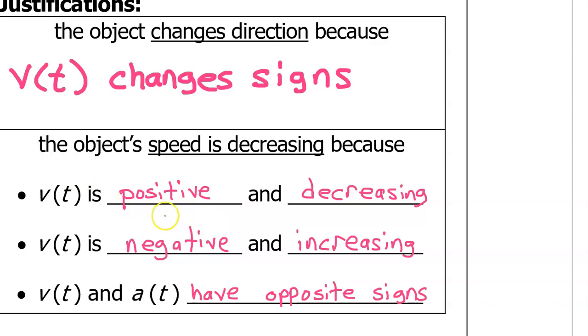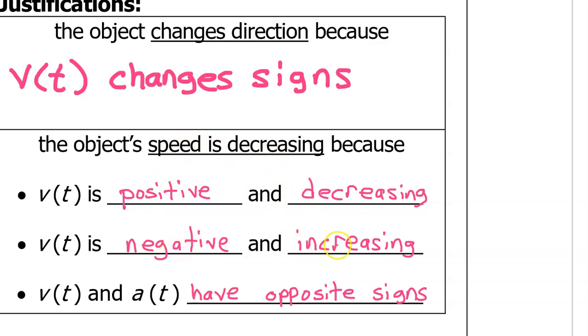So if you can understand the concept that I was just describing, great. Otherwise, you can just memorize the following. When the velocity terminology sounds contradictory, then the speed is decreasing. So can you hear how positive and decreasing sounds sort of contradictory, so you know that the speed is decreasing.